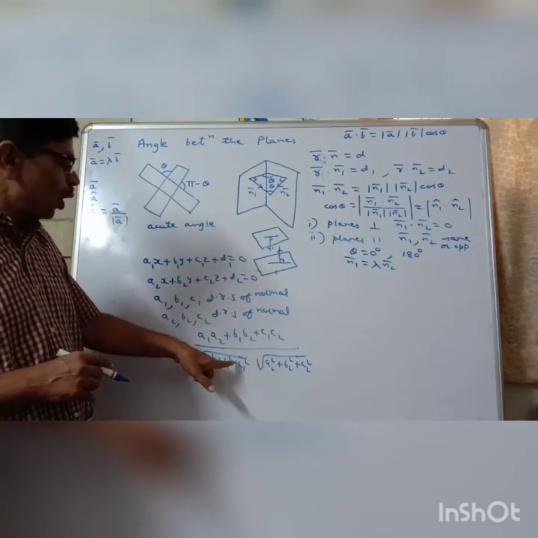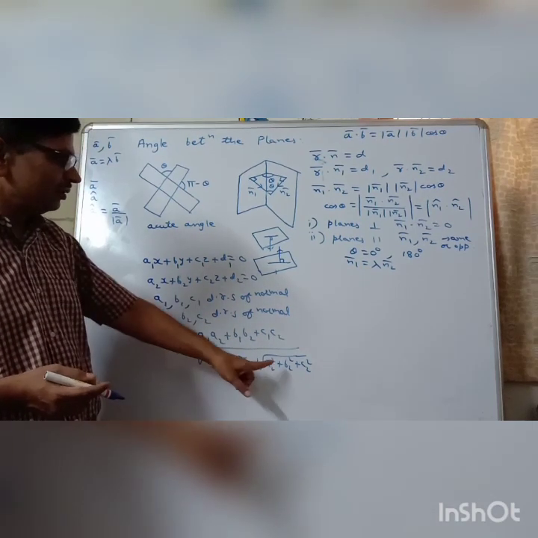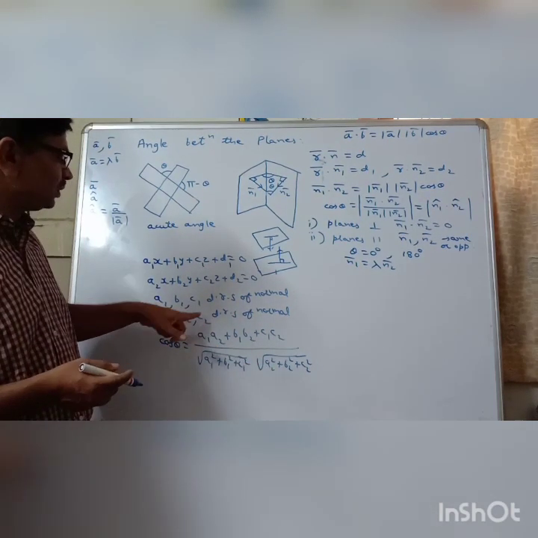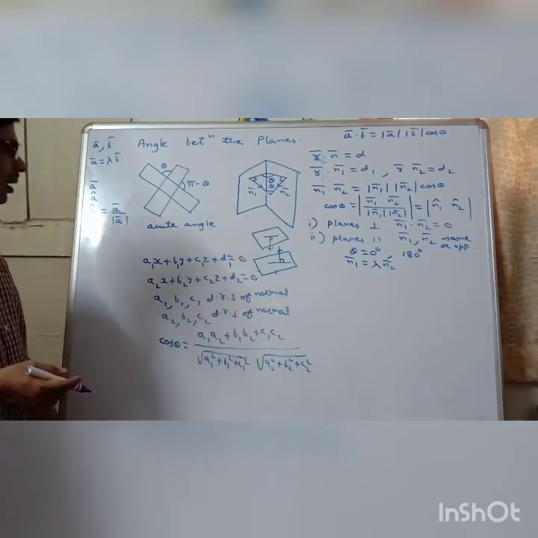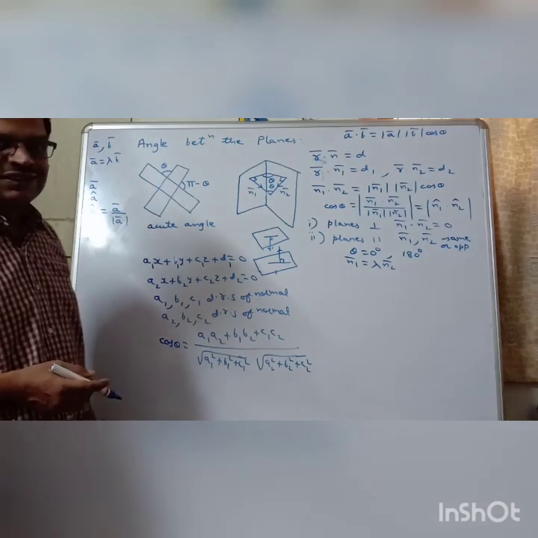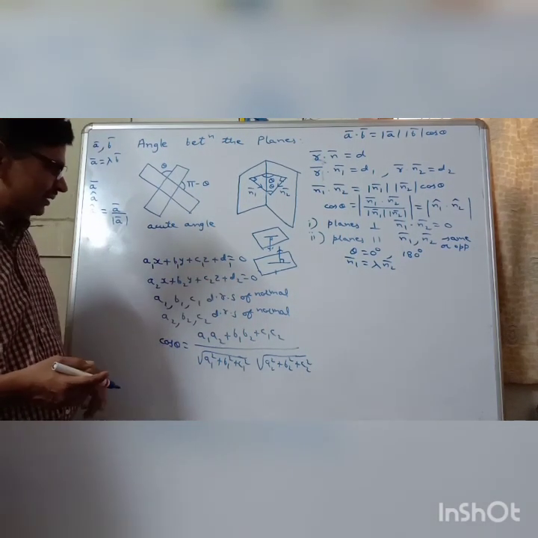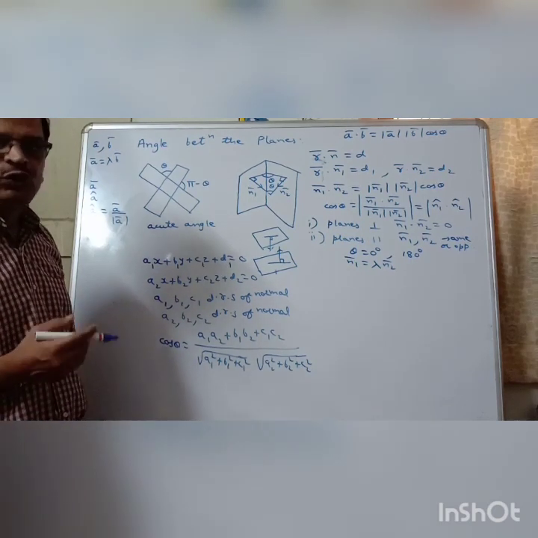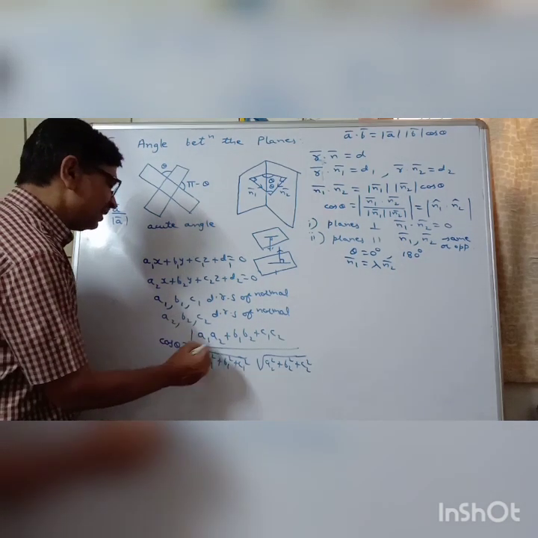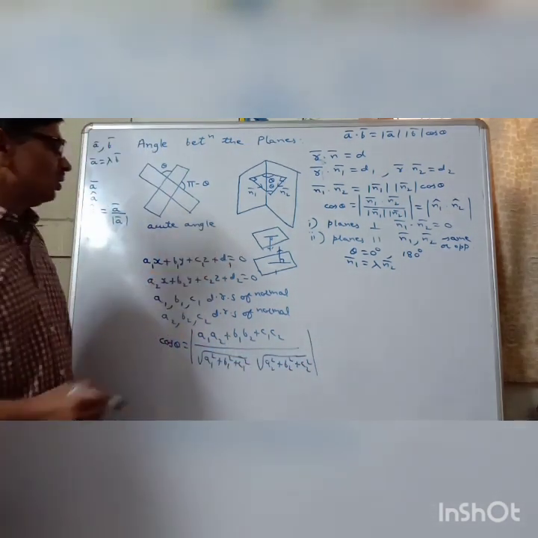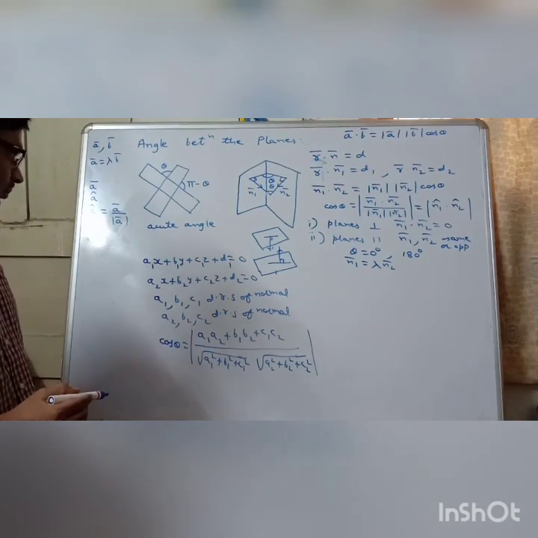Under root, the sum of squares of direction ratios of the first line. Under root, the sum of squares of direction ratios of the second line. Angle between two lines or two vectors is the same as the angle between two planes. And as the angle between two planes is always an acute angle, cos theta is positive. So we have to write this expression in mod sign.